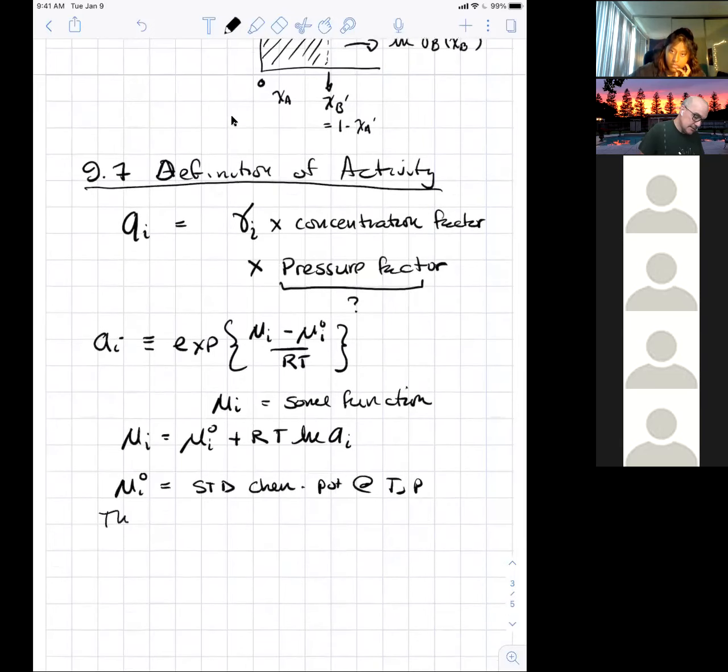So this depends upon the standard state, right? We really don't have a choice when we define the standard state and the composition, right?